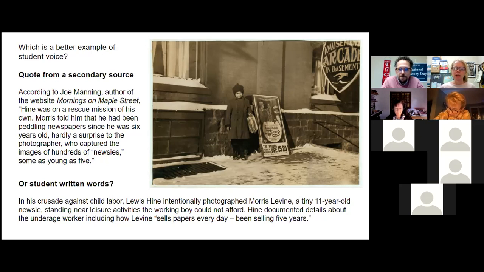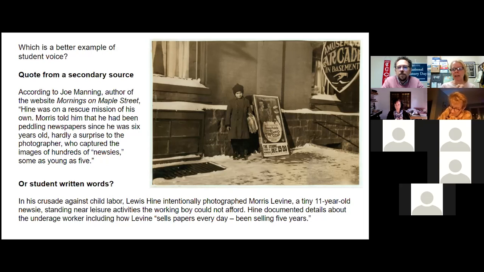And so, rather than quoting somebody else or quoting a website, and there's actually a great website, the link is on the previous slide, Mornings on Maple Street, where a researcher got taken in by some of the photographs of the children and started to find more information about the children and what happened to them as they grew up, after they were photographed by Lewis Hine.